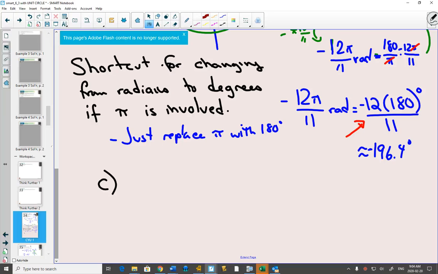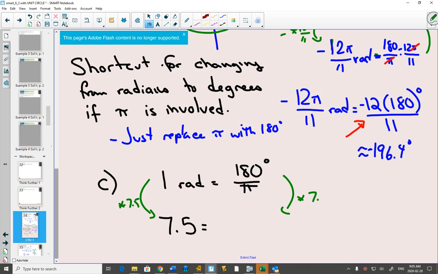Finally, part C says change 7.5 radians to degrees. We can't use the shortcut in part C because there's no pi involved. So we'd have to go back and say, I know that 1 radian is 180 over pi degrees. So 7.5 radians would equal, well, I have to multiply by 7.5 on both sides.